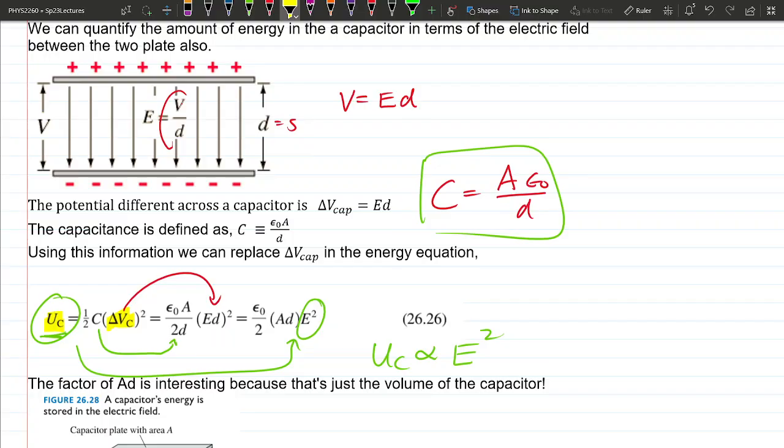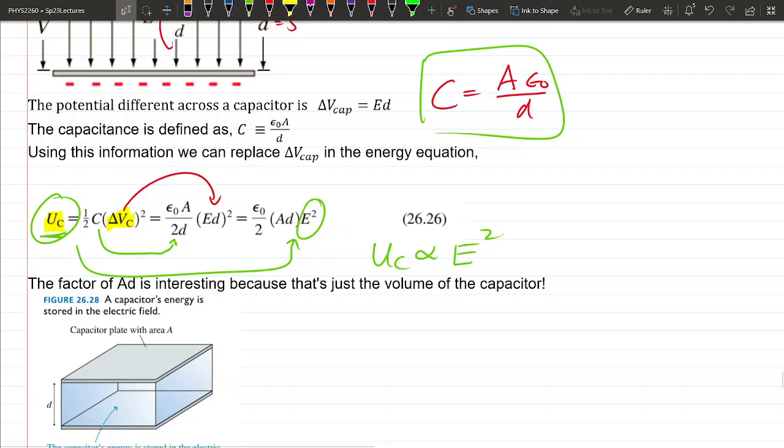It's approximately constant if you have an infinite sheet. So you can make this approximation where the electric field is just the voltage divided by the distance between the plates. Therefore, I can replace my voltage across the capacitor with the electric field times the distance between them. Of course, you have to square it.